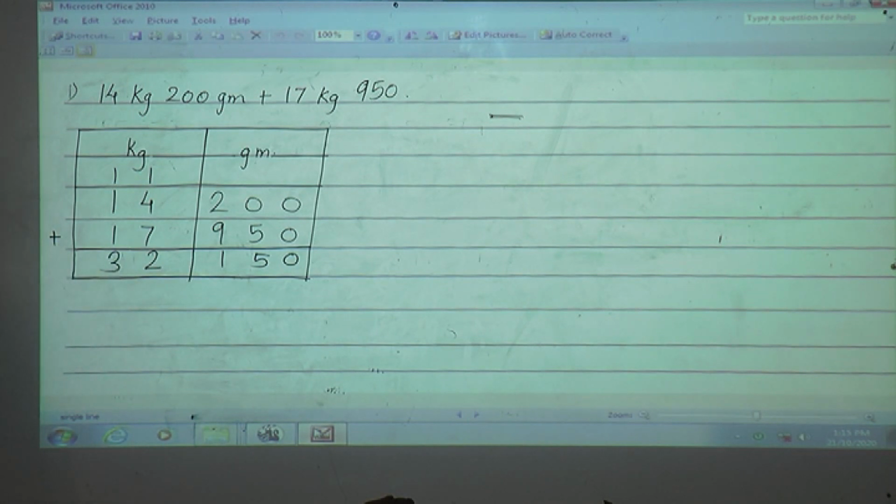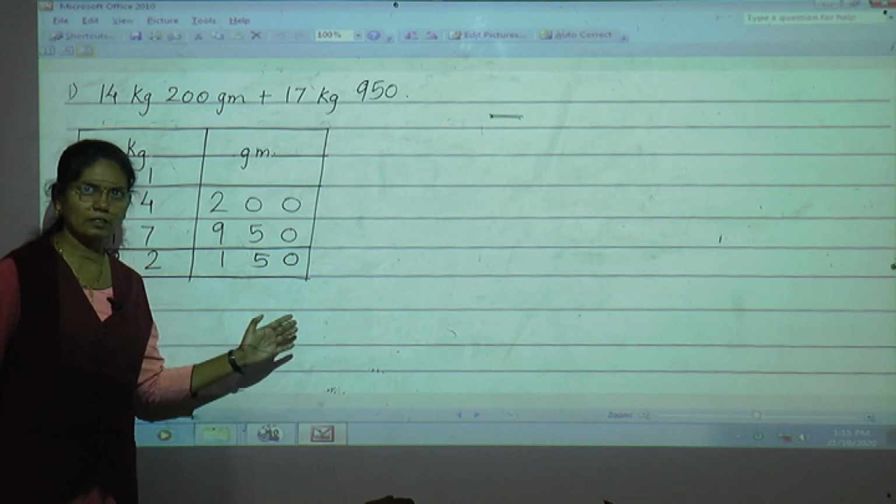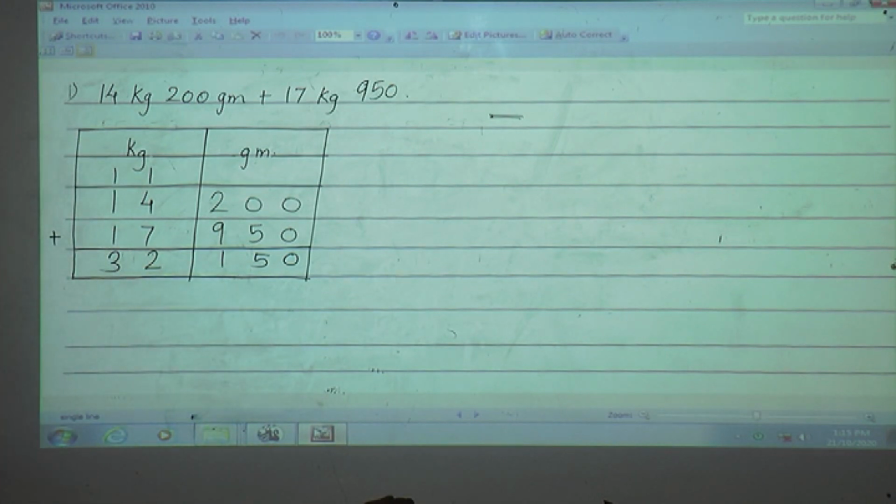So what is the answer? 32 kilogram and 150 grams. So how much rice did he buy in all? He bought 32 kg 150 gram rice in all. So in this way you have to write the answer at the end. Okay, now we'll move to the next example.